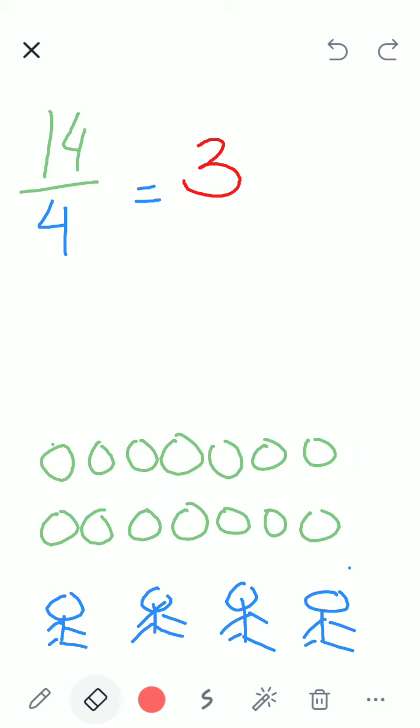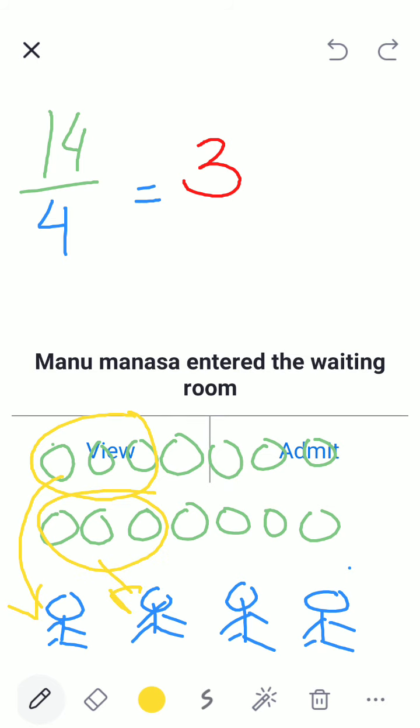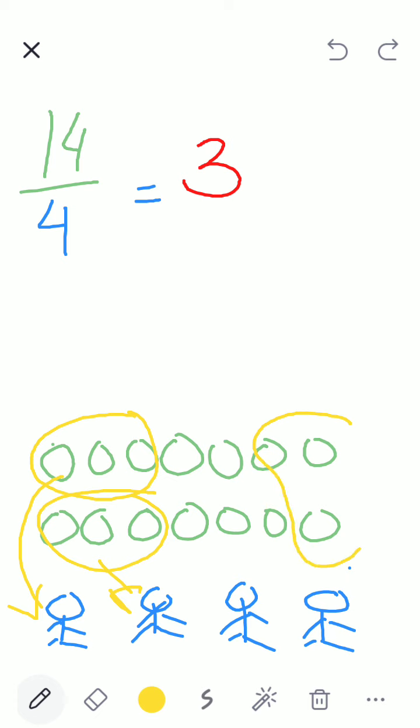So 3 full fruits will go to each person, correct? This 3 will go to this person, this 3 will go to this person, and these 3 will go to this person. So how much is remaining?